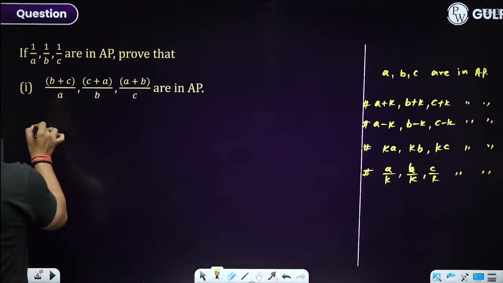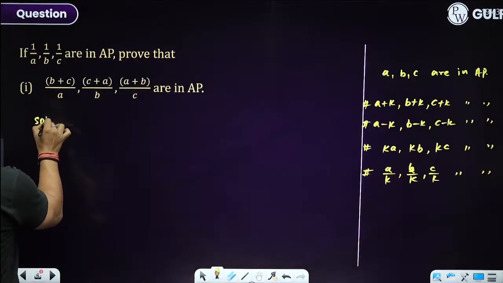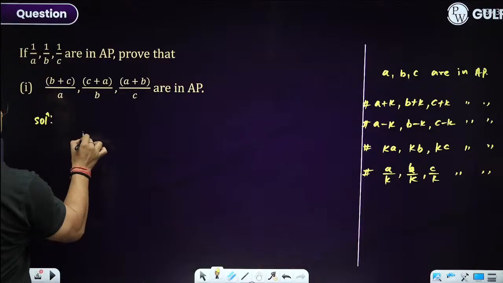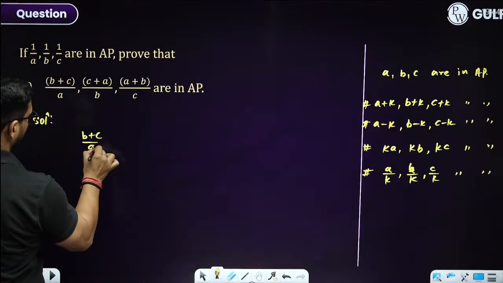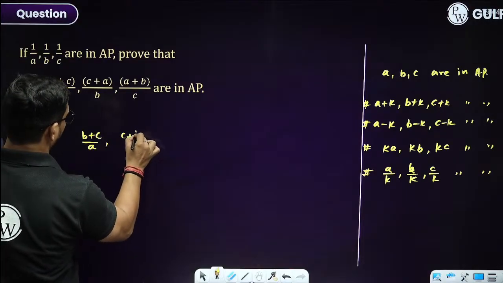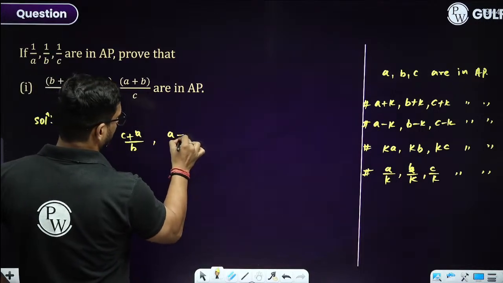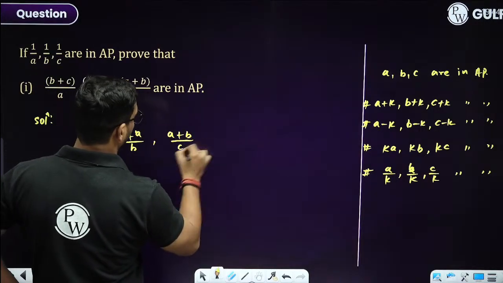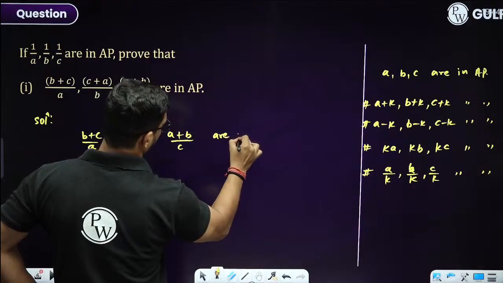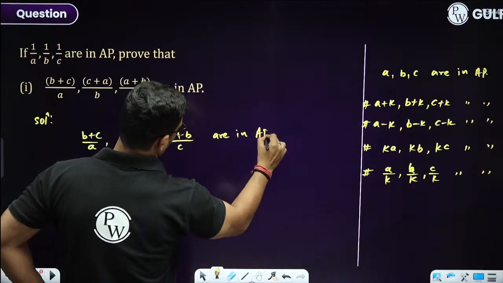So let's say we have this part: (B plus C) by A, (C plus A) by B and (A plus B) by C are in AP.